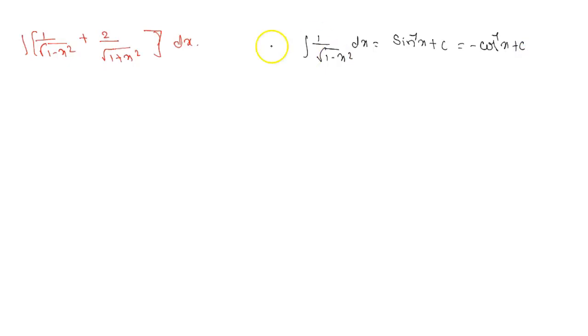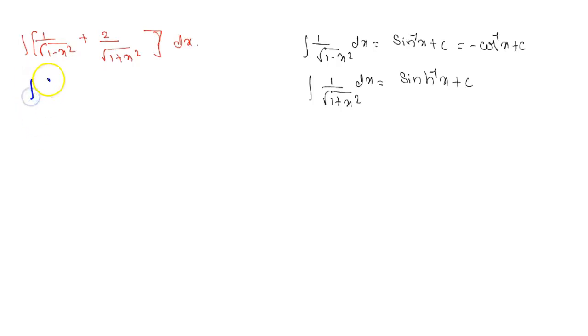Okay, next formula is integral 1 by root over 1 plus x square dx. This is the formula for sinh inverse x plus c. So here I can separate the integrals.